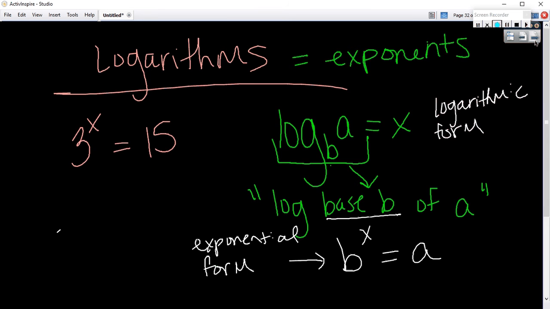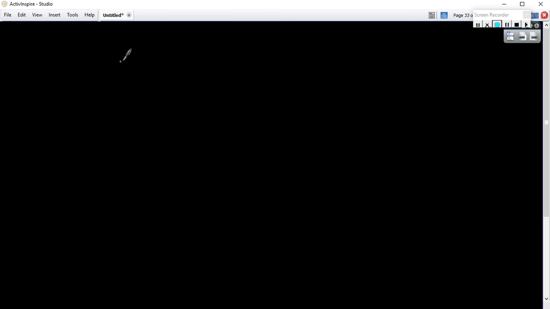All right, let me see. Do you all agree with the following statement? We agree that's true? How might you write that in logarithmic form? Log, what's the base?